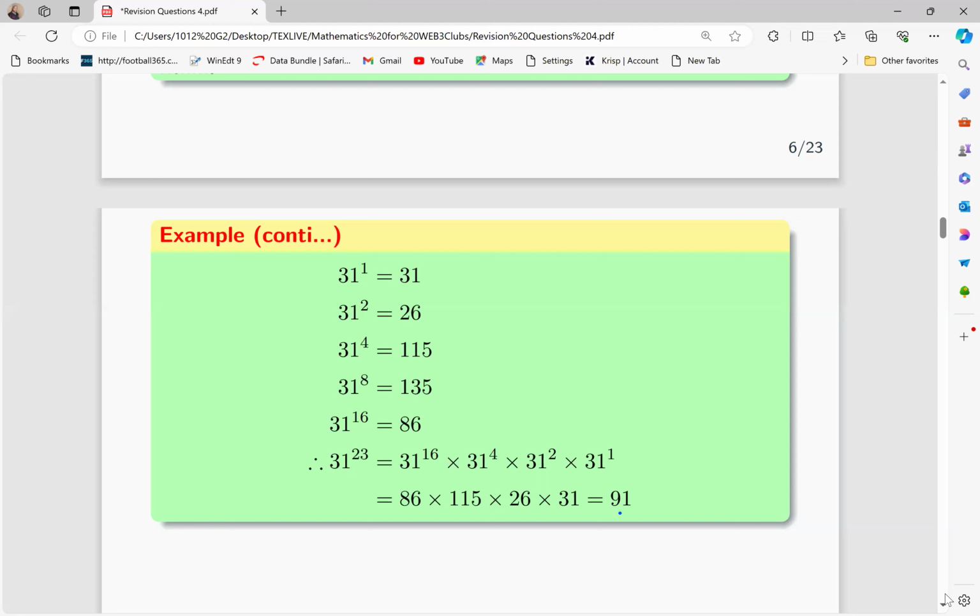Now, what we want to achieve is the ciphertext raised to 23. But we know that our calculator cannot do that. Is that okay? Why we are doing this in bits is that a calculator cannot do that. Just try, take your calculator, that number raised to 23. What do you get?